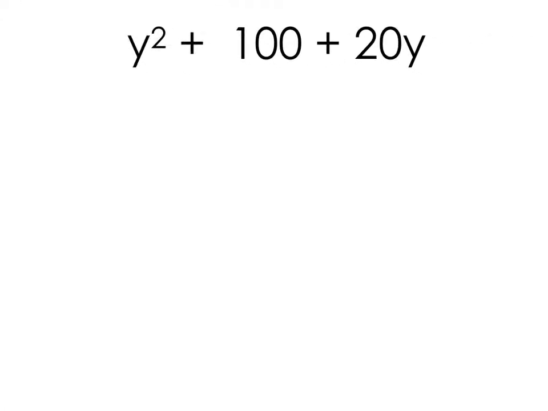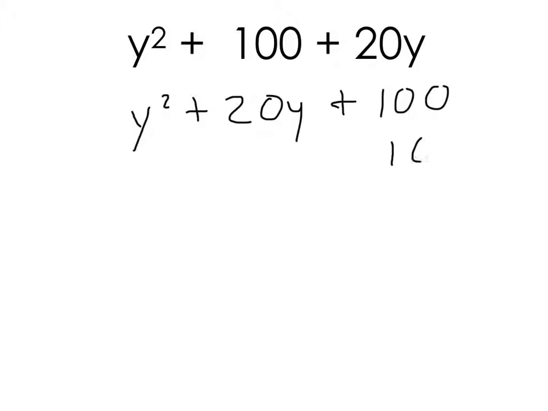Here's another special product. Anytime I'm factoring, what I want to do is put the terms in descending order. I want that 20y next and the 100 at the end. Now, that's 10 squared. That's y squared. And this guy is 2 times 10 times y.